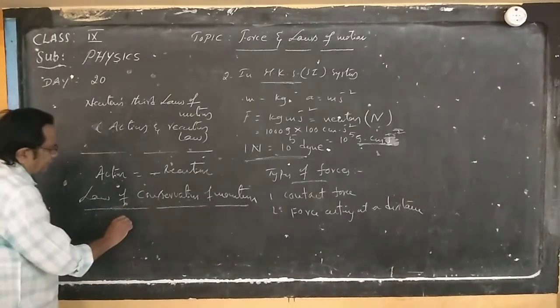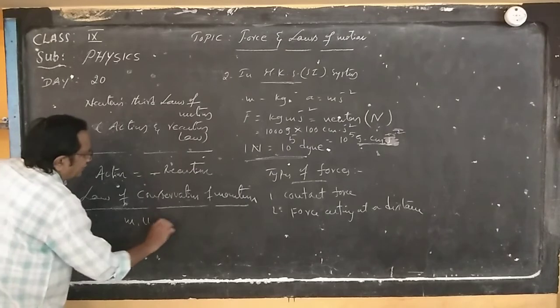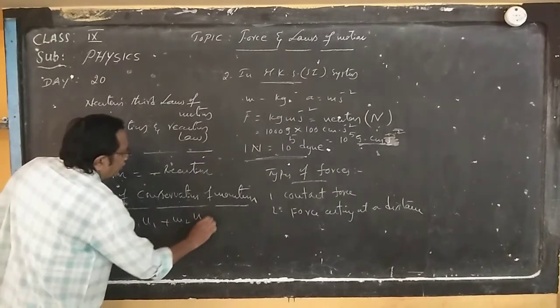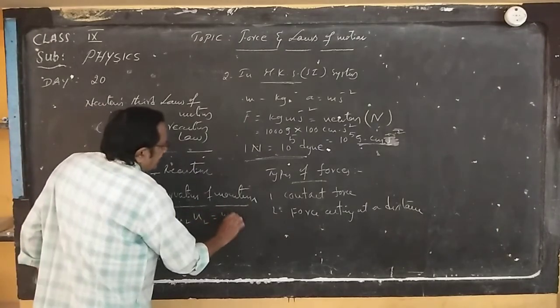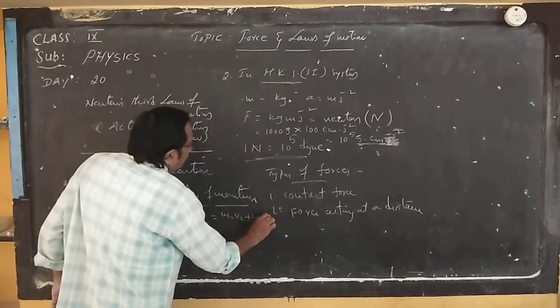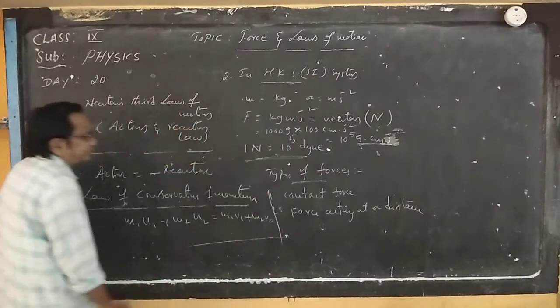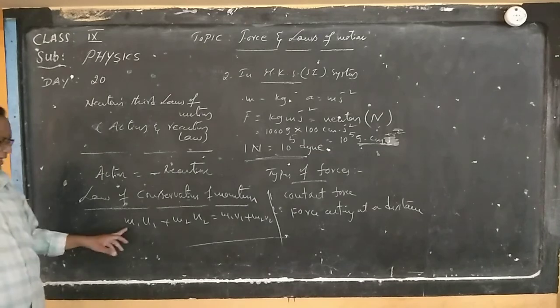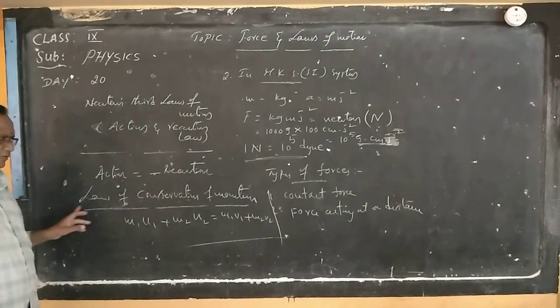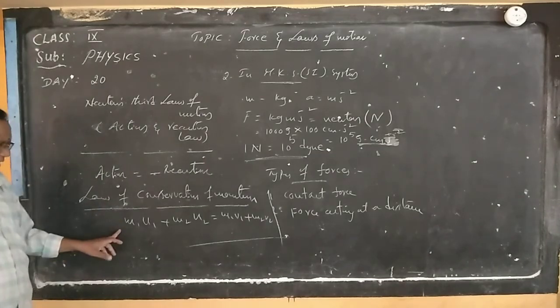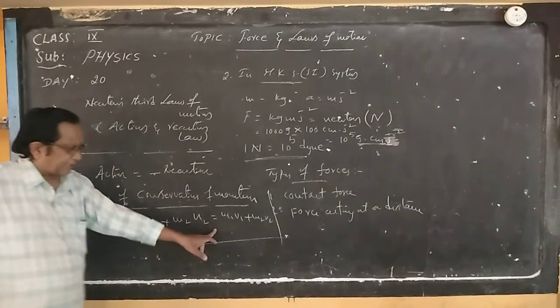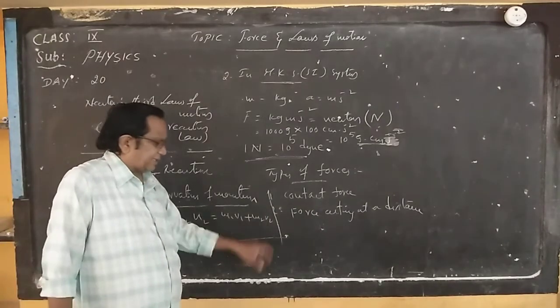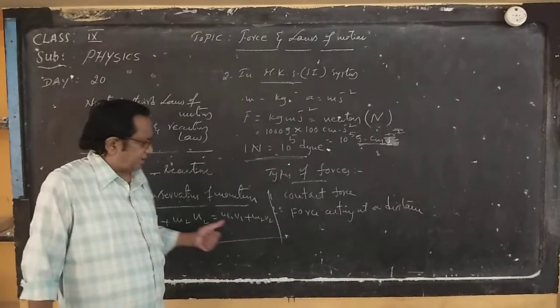What does conservation of momentum mean? m1 u1 plus m2 u2 is equal to m1 v1 plus m2 v2 is said to be the law of conservation of momentum. m1 u1 plus m2 u2 is equal to m1 v1 plus m2 v2.